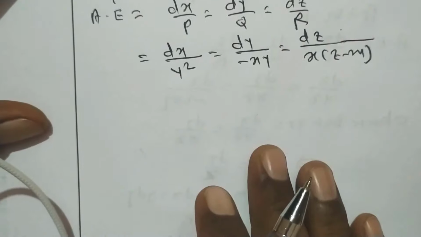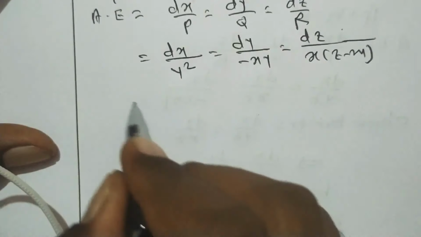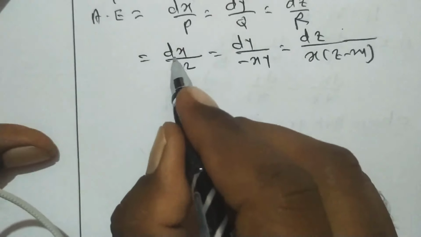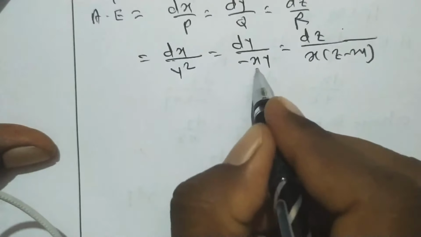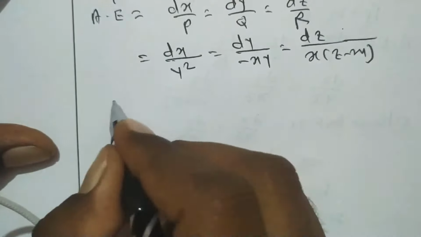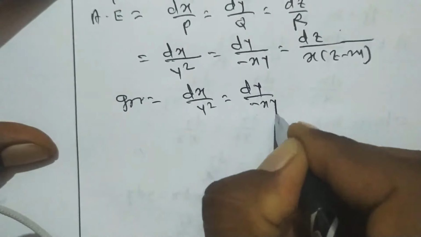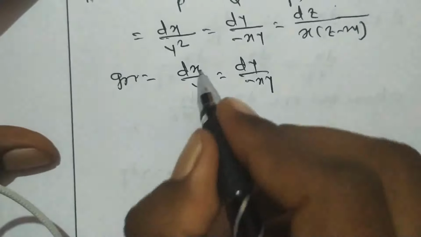Okay, now how do we find the solution of this symmetrical simultaneous differential equation? Again we can use the grouping method. We can take the first group dx and dy because z is missing here. So choose the first group: dx upon y square equal to dy upon minus xy. And how do we solve this differential equation?